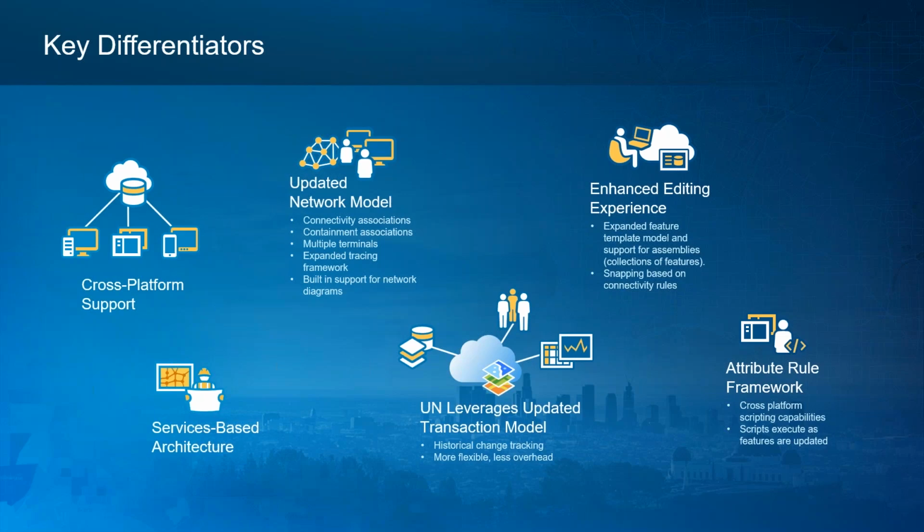Now, we've also enhanced the editing experience. This is largely due in part to ArcGIS Pro taking advantage of expanded feature template models. And Matt's going to show a little bit about this later on. And there's support for assemblies, or collections of features. So you can actually lay down an entire collection of features that's predefined without having to go in and simply digitize each individual feature and fill out all the attributes.